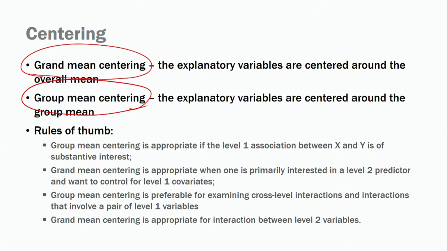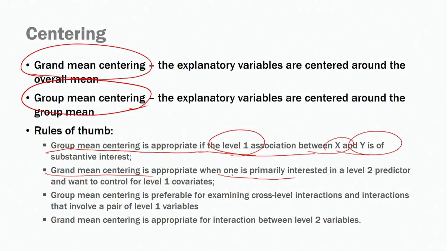Rules of thumb: when do you grand mean center? When do you group mean center? Group mean centering is appropriate when you are interested in the relationship between a level 1 independent variable and a level 1 dependent variable. Grand mean centering is appropriate when you are interested in a level 2 predictor and want to control for level 1 covariates.